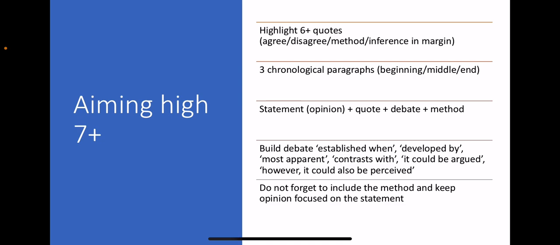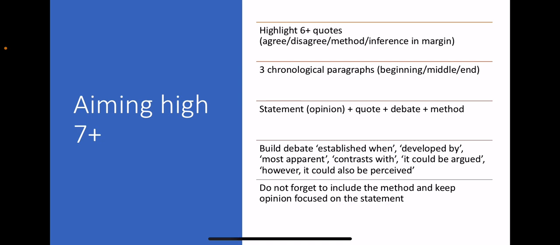It feels a bit like repetition, but state your opinion, add your quotations, add an element of the debate or refer to the debate, and then talk about the method. So for example, as you can see from this 4th box, it says build the debate. So you could use phrases like, this is established when the writer includes this, or this is developed by, or this is most apparent when, this contrasts with, it could be argued that, however, it could also be perceived.